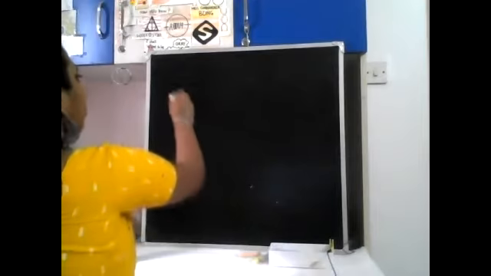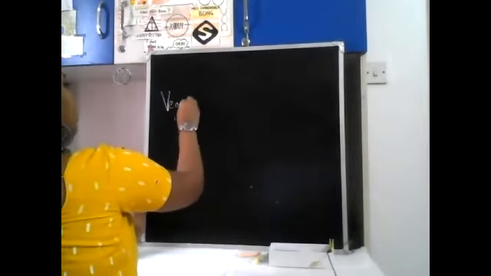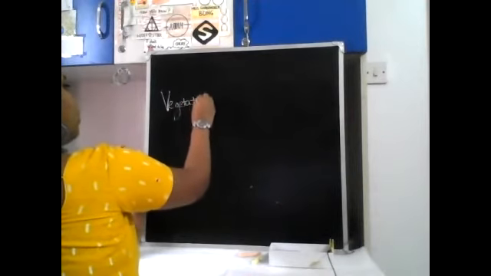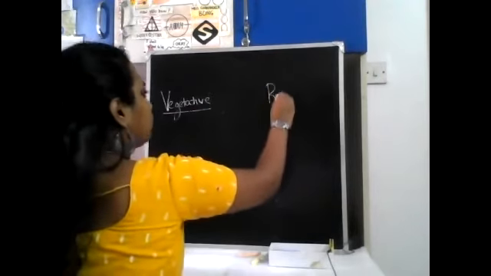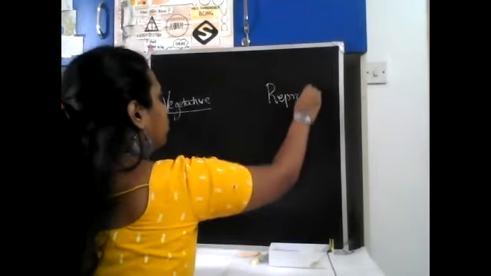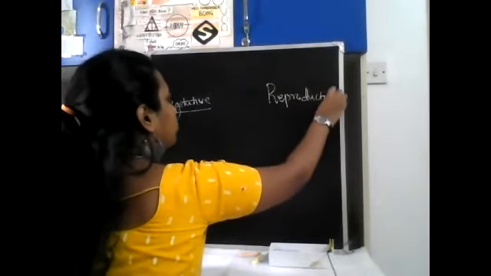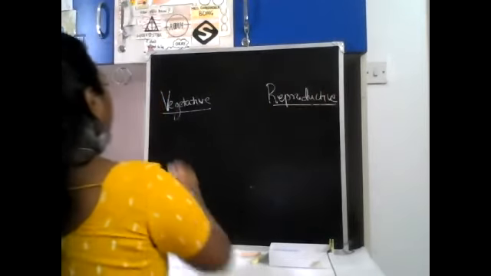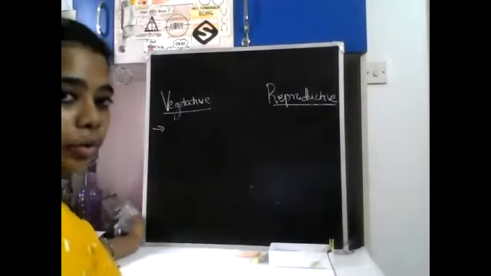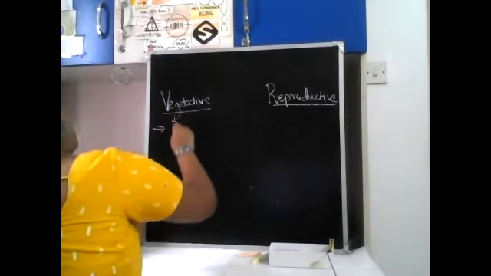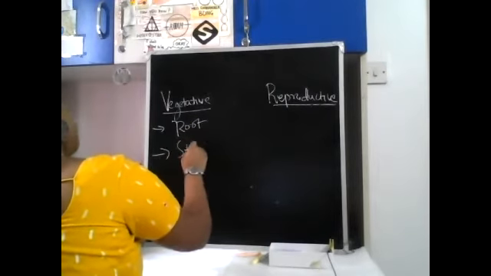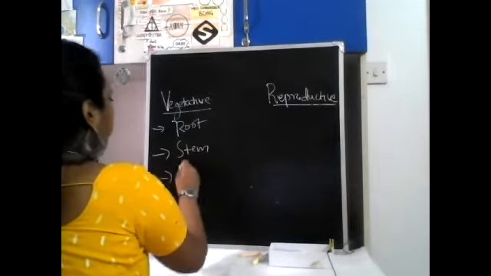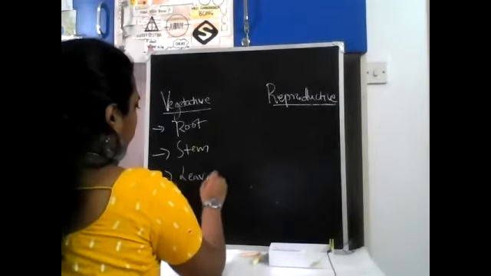One is vegetative, and then you have the other one, reproductive. Okay, so here you have root, then stem, and then you have leaves.